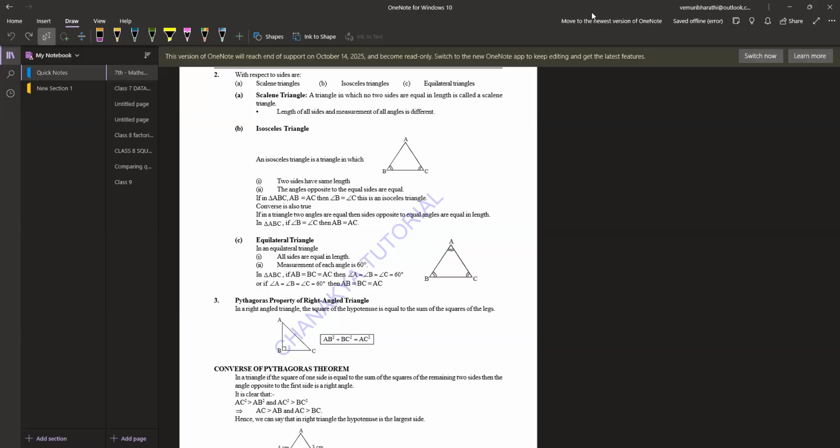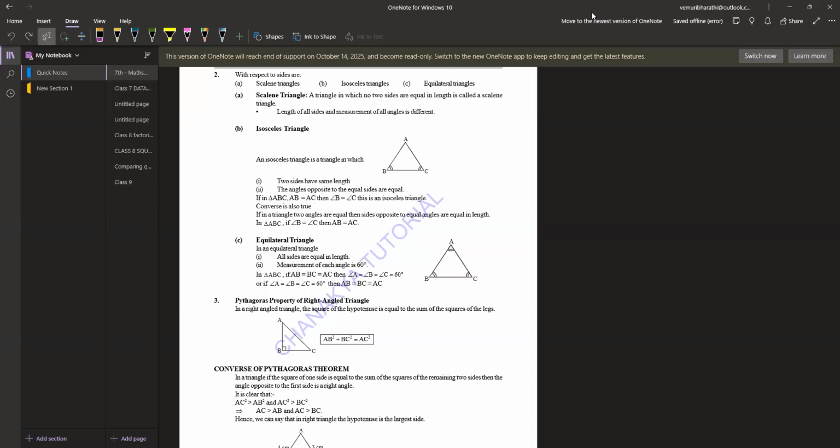In a right angle triangle, he described the relation between the sides. This is applicable for right angle triangles only. The sum of the squares of the other two sides will be equal to the hypotenuse square.